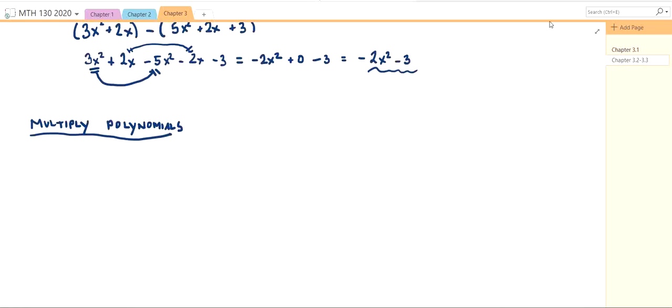Okay, let's look at multiplying polynomials. Suppose I have 2x minus 5, and we've already done this a little bit, times 3x minus 2. Well, I can use the distributive property of multiplication, and I can think of this as the a term, and this is the b plus c term.